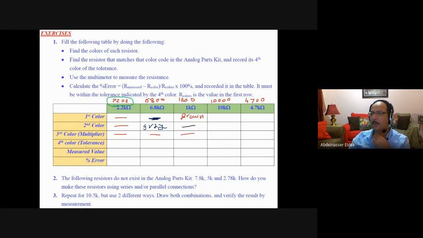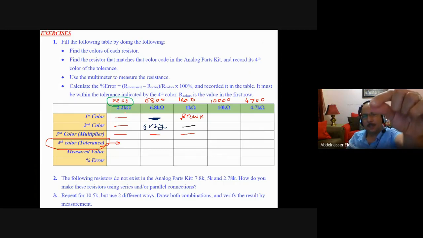Then what you need to do is to find the tolerance. To find the tolerance, of course, you cannot find it from these values here. You have to find the resistor. For example, if you look at the 2.2 kilo ohm, I believe this color is gold.